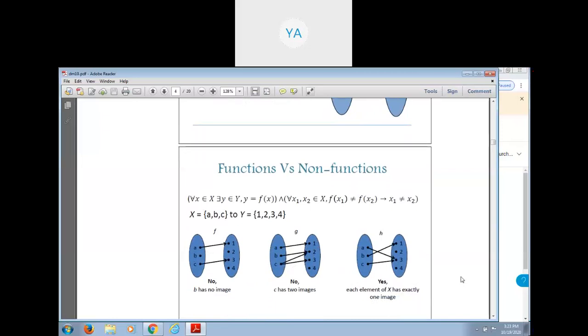See this figure and tell me which are functions or not. See the first figure. The first set is A, B, C, and the second set is 1, 2, 3, 4. Now tell me, is it a function or not?